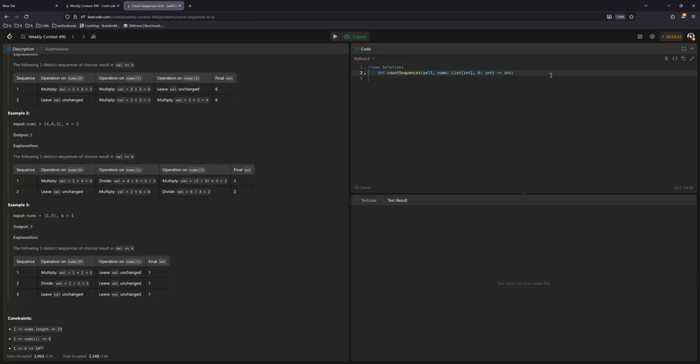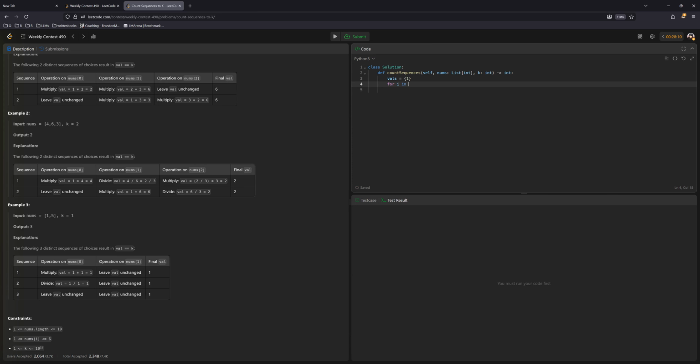nums.length 19. I wonder if we can just brute force it. I mean, okay. Vals equals, well, like that. I don't know. Maybe we can brute force it.